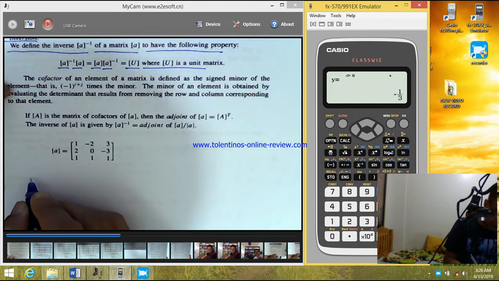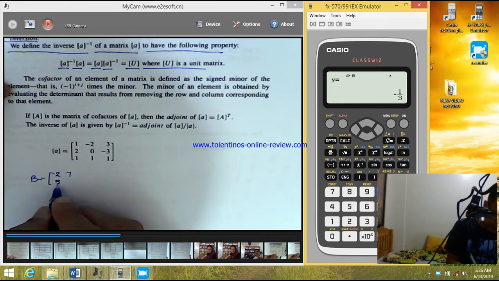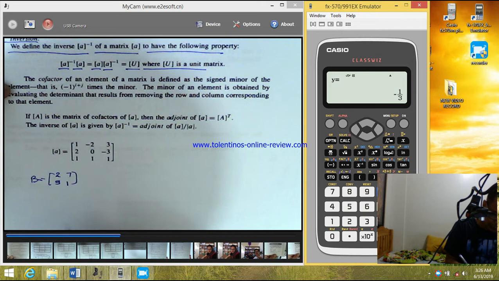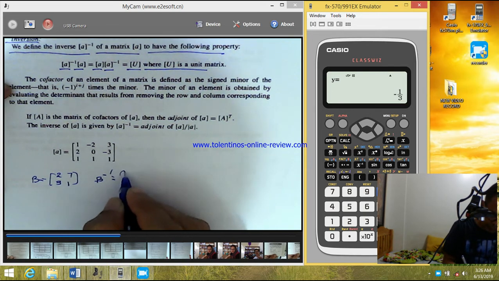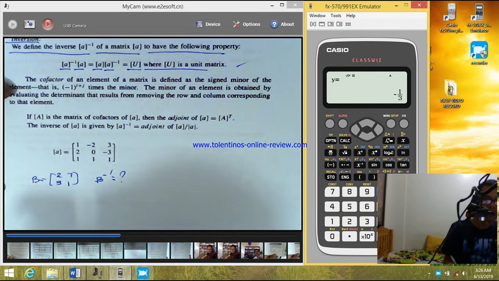Let's say that our B is simple lang 2, 7, 3, 1. Okay, let's get the B inverse using this concept.